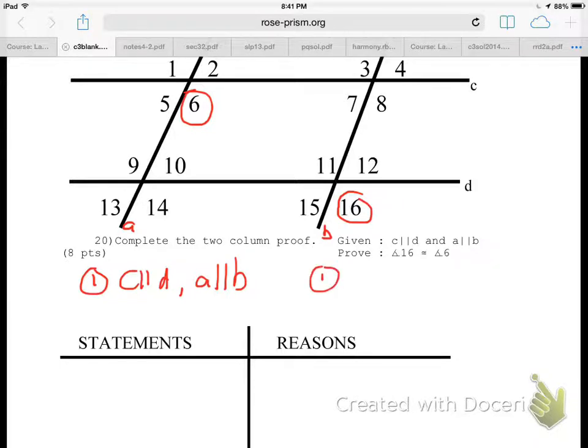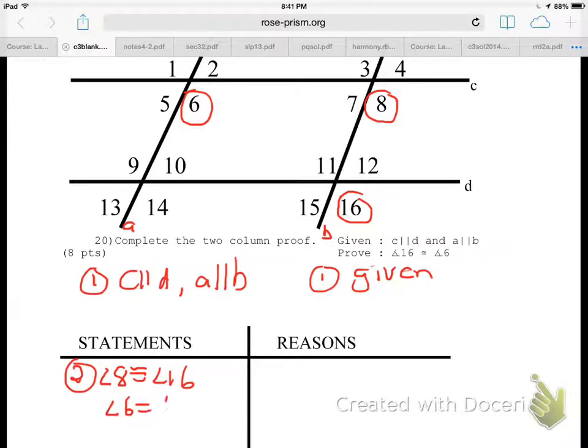The general plan on proofs like this is to use your parallel line facts, and that was given as our reason on the first one, and to find an angle that both angles can be proved congruent to. Well, angle 8 would be a corresponding angle for angle 16 using the parallel lines C and D. So we can write that angle 8 is congruent to angle 16. If we use lines A and B for our parallel lines, then angle 6 is congruent to angle 8.